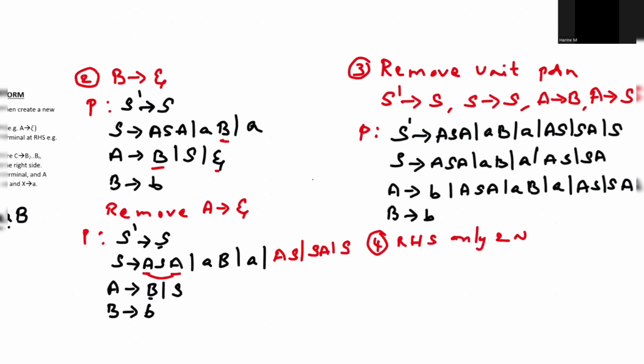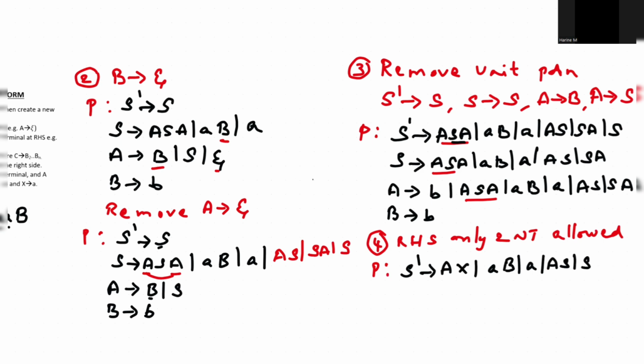So we need to replace the productions which have more than 2. Here it has more than 2 non-terminals, so that should be replaced. So now the production will be S dash tends to ASA, where SA is replaced as some X, AB, A. Two non-terminals are allowed; more than 2 non-terminals are not allowed.